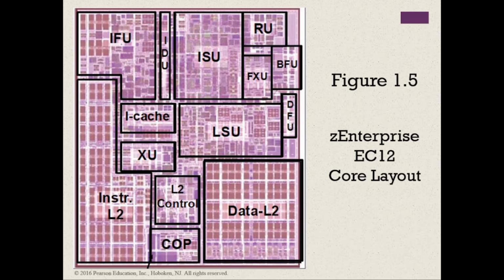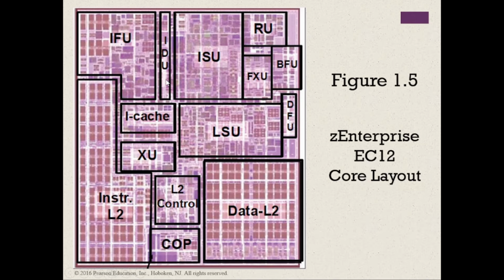Then next we have the IFU, or the instruction fetch unit, logic for fetching instructions. Next we have the IDU, or the instruction decode unit. The IDU is fed from the IFU buffers and is responsible for the parsing and decoding of all Z architecture operation codes.